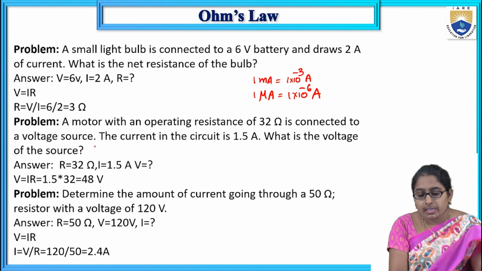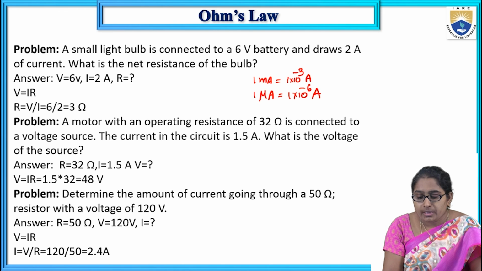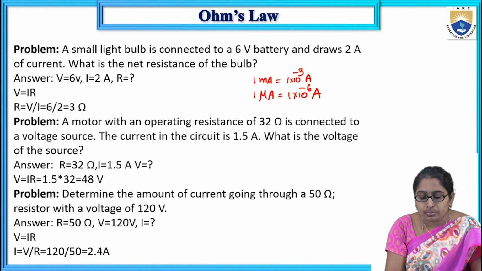Next, second problem. A motor with an operating resistance of 32 ohms is connected to a voltage source. The current in the circuit is 1.5 amperes. What is the voltage of the source? Here motor resistance 32 is given and current in the circuit is also given, and they're asking the voltage of the source. It is also a direct problem based on Ohm's law, showing a practical application.